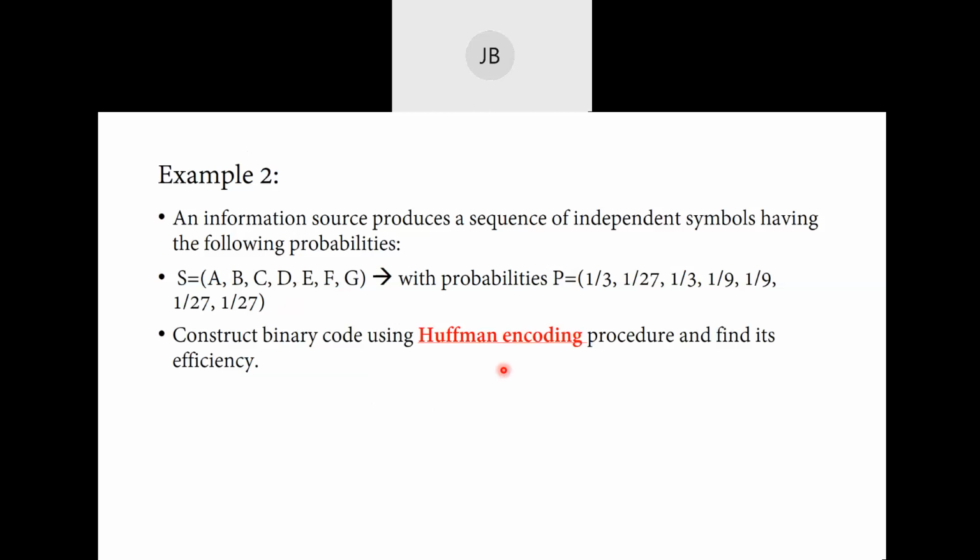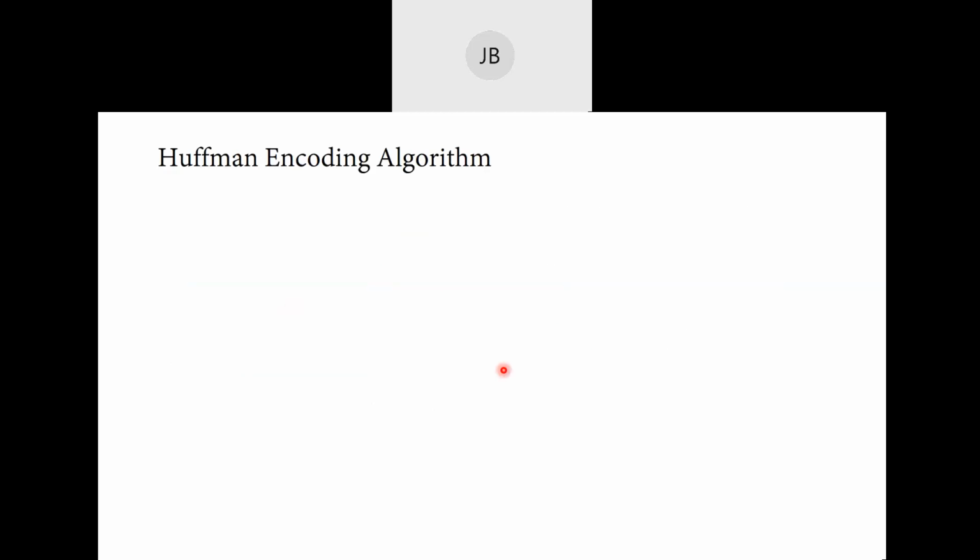To find this out, let us first see how the Huffman encoding scheme operates. The different steps involved here: the source symbols are listed in the order of decreasing probabilities. The probabilities are given in the question, so first we need to arrange them in the decreasing order.